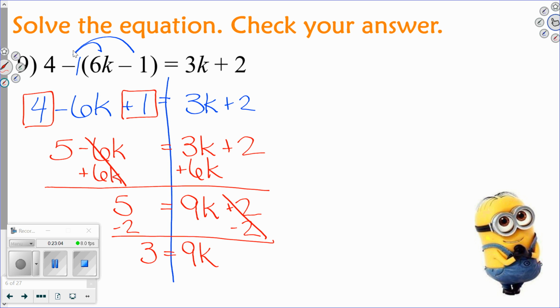Now, right here is case in point why you need to show your work. Because what answer did you just say to me? Somebody else said it over here. It's 1/3, not 3. Because what are you dividing by? I'm dividing by the 9. So I find that a lot, like you get going so fast and you go to skip some steps. I don't think right now we're ready to skip steps.